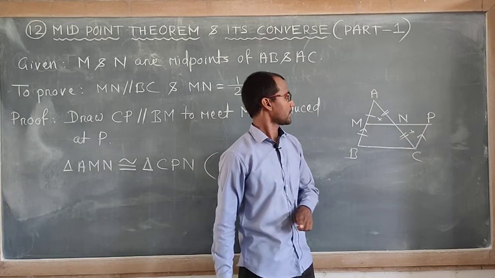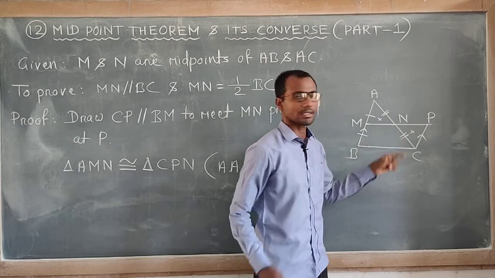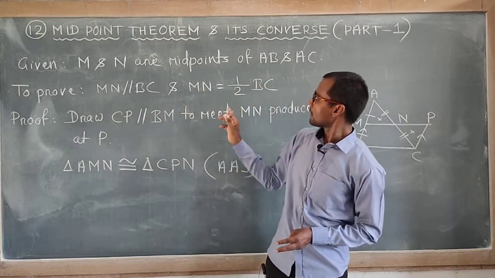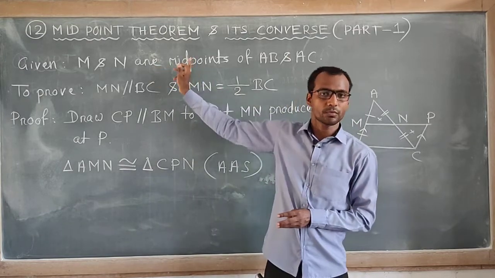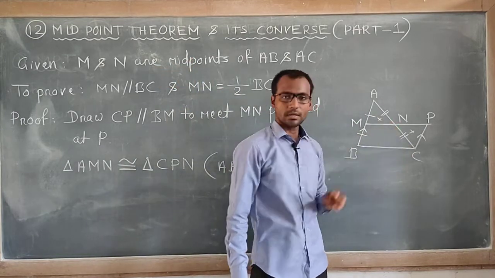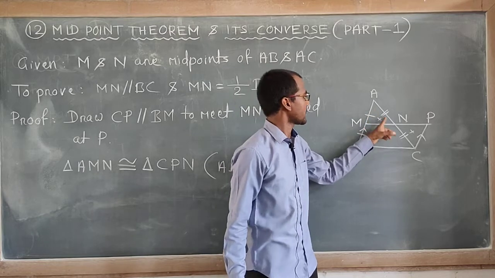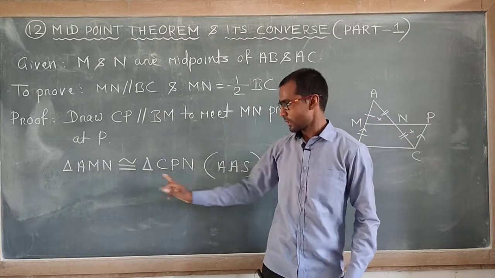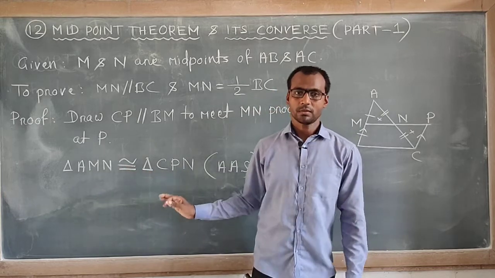We got two angles. Then AN is equal to CN. This is given from the beginning, M and N are midpoints. So by angle side postulate, these two triangles are congruent in this order, AMN, CPN.